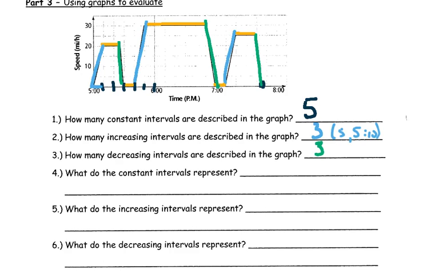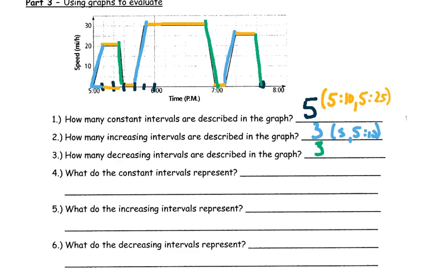Then from 5:10 until, let's say just before 5:30, so maybe 5:25-ish, is constant. So from 5:10 to 5:25 is constant.